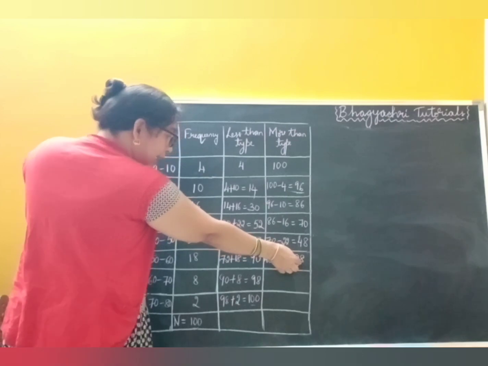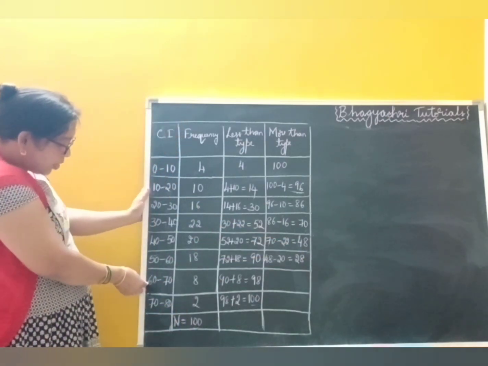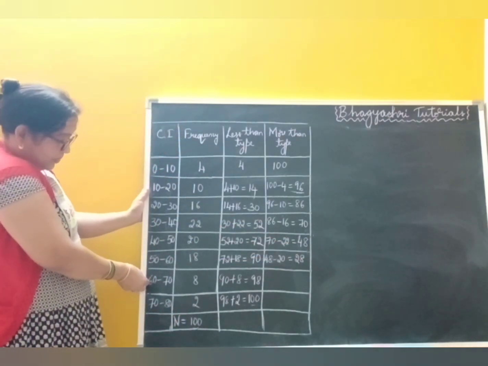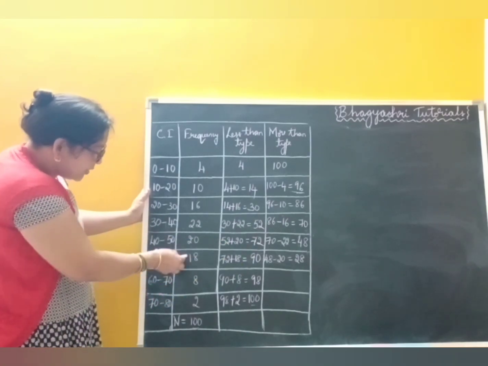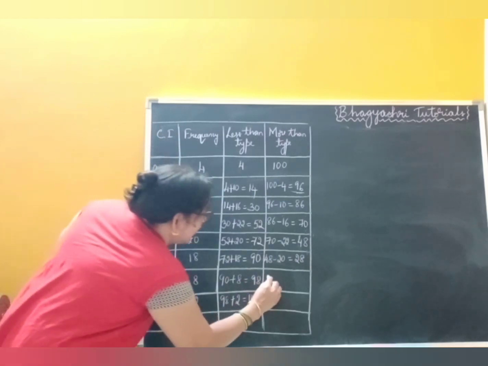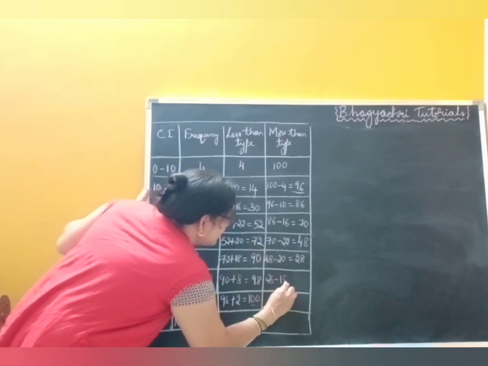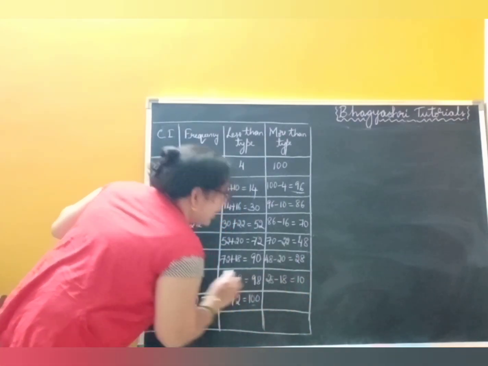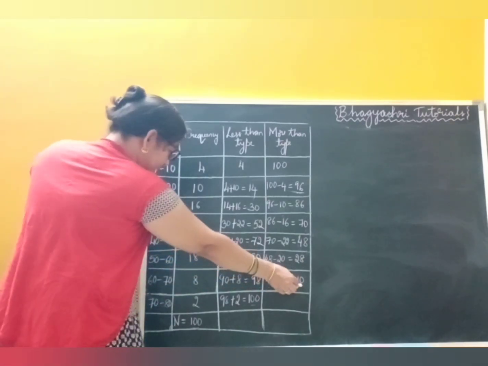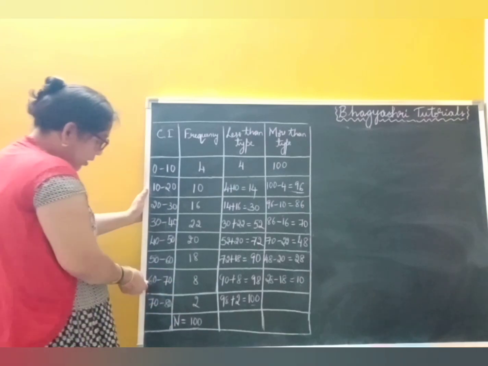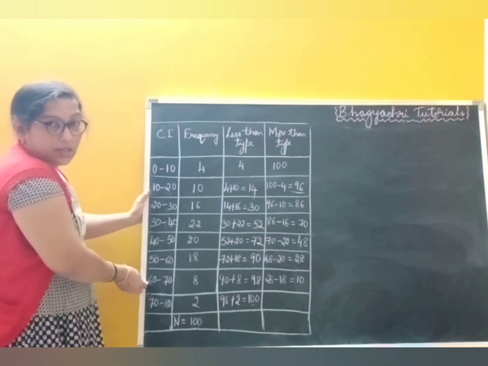Out of these 28 students, how many of them have got more than 60? Which is the preceding frequency now? 18. So 28 minus 18, the answer is 10. So there are 10 students. 10 students got the marks more than 60.